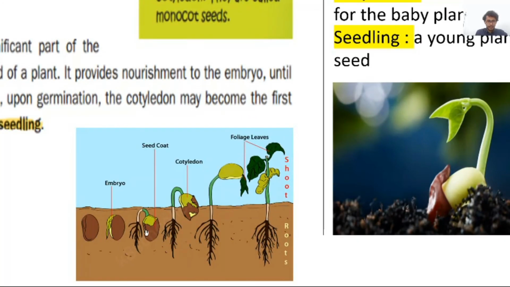The part that grows below the soil is called a radicle. I hope you can see my mouse cursor. This part is the radicle.